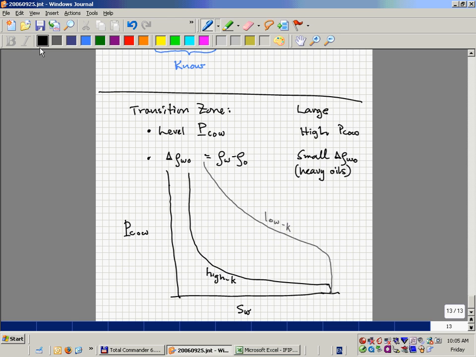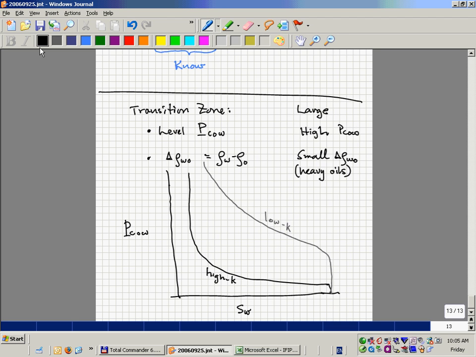Okay? So the point is that the low permeability rock has smaller pores in general, therefore higher capillary pressures. Chalk obviously has very high capillary pressures because of the very, very small pores, 0.1 to 1 micron. A sandstone rock, the smallest pore might be 3 microns, and you go to 300 microns.